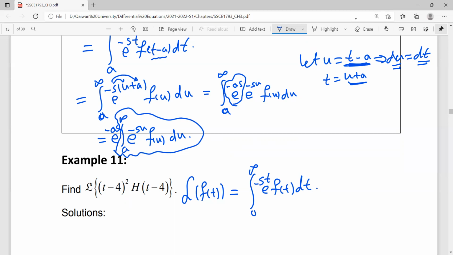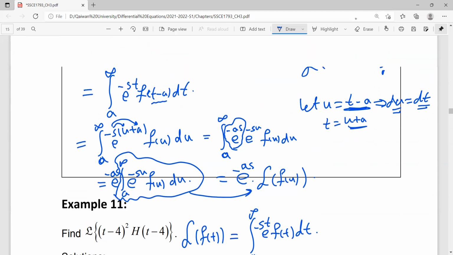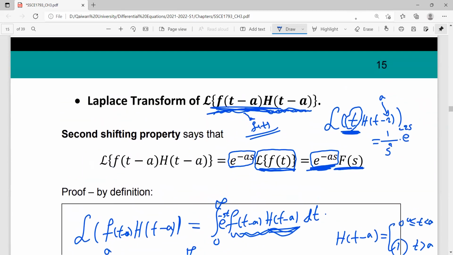Okay, and this is the Laplace transform of f of t, because in the Heaviside function we have two intervals, from 0 to a and from a to infinity, and it equals e to the power minus as times the Laplace transform of f of u. As you see here, you get the same.